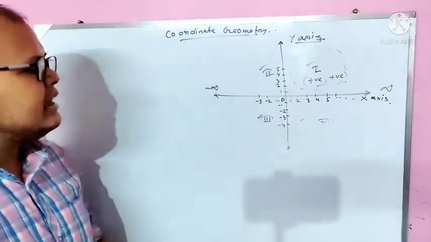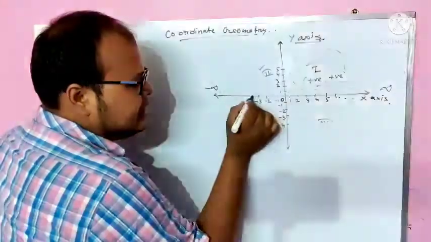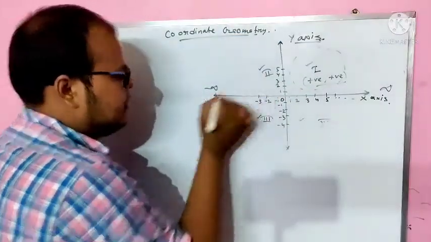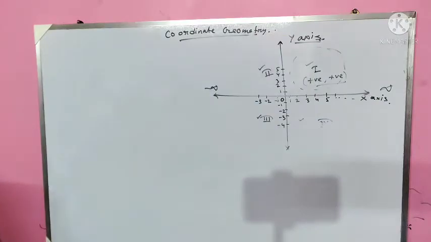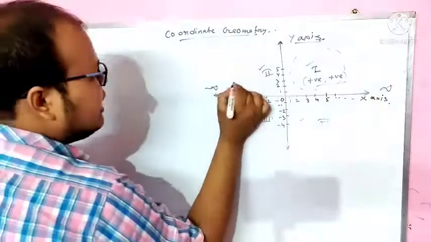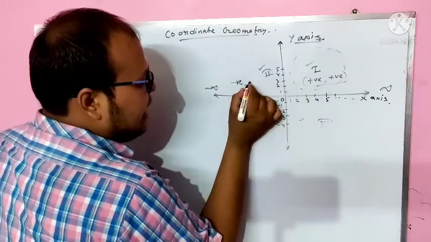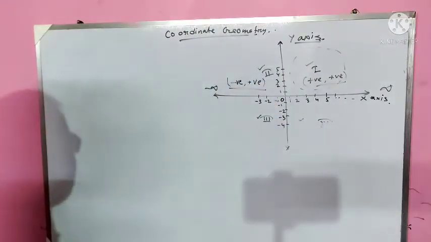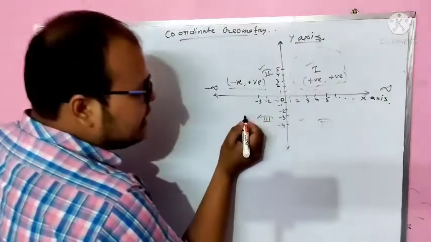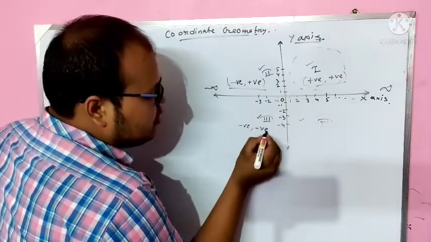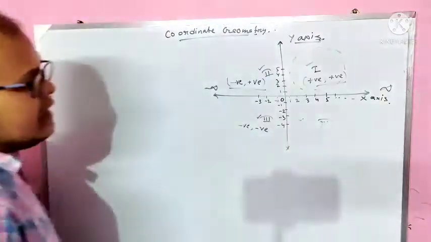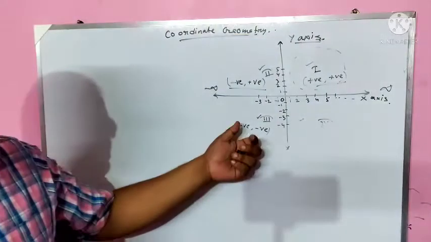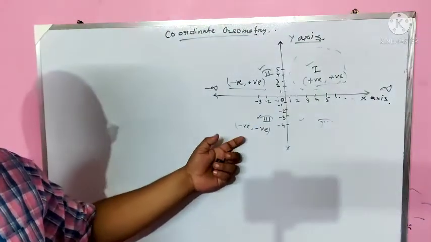In the second quadrant, I can see the x coordinate is negative and the y coordinate is positive. So the second quadrant will have numbers where the first component is negative and the second component is positive. In the third quadrant, both the x coordinate and y coordinate are negative, so the coordinates of the points in the third quadrant are negative comma negative.